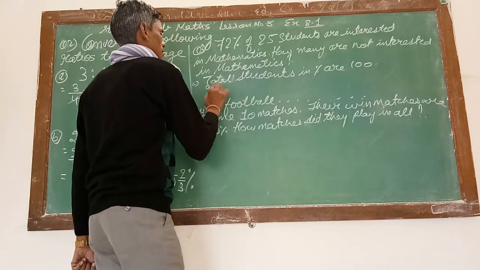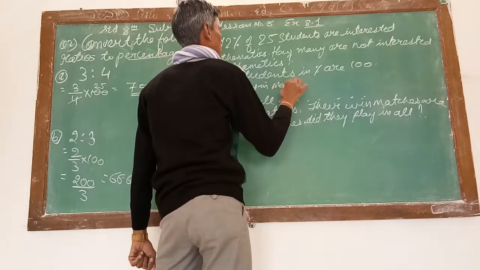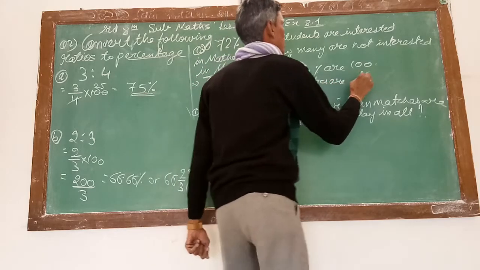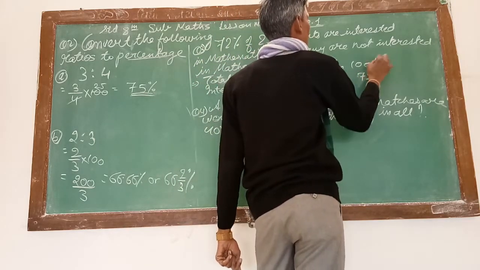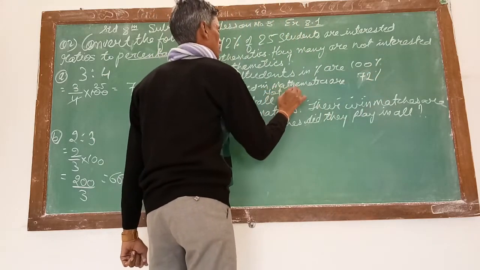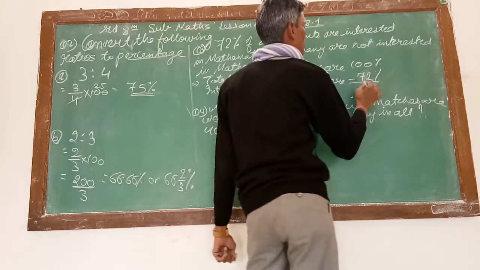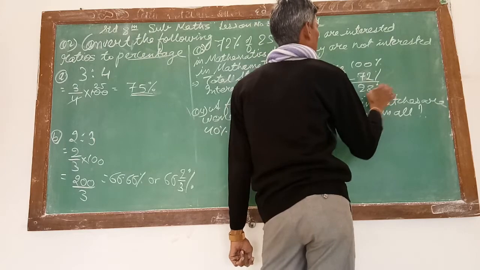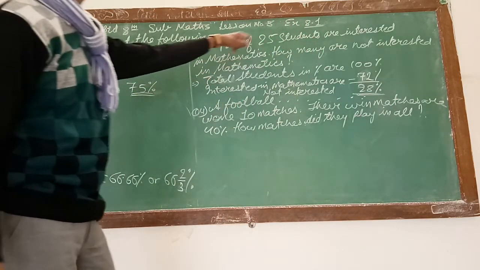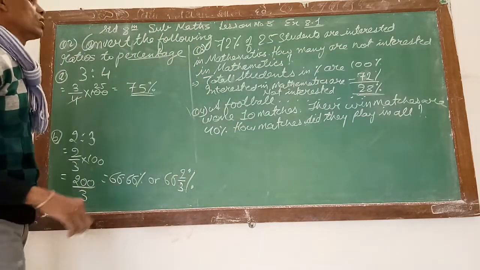Interested in maths are 72. Therefore not interested are, we have to subtract, 28%. So this is a simple answer. You only have to subtract this 72 from 100. You don't have to calculate it further unless asked. This is the answer.